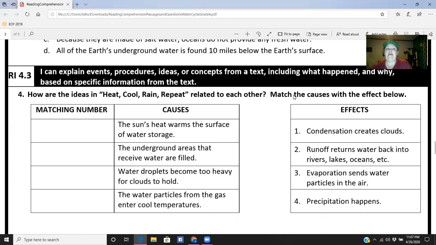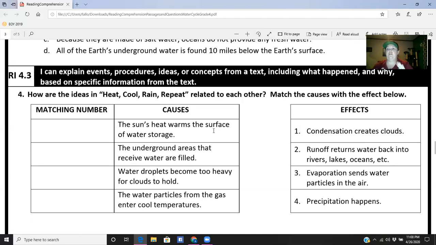Number 4 is matching. How are the ideas in Heat, Cool, Rain, Repeat related to each other? Match the cause with the effect. So the effects are going to be over here. And we're going to have 1, 2, 3, 4, and we're going to put the number 1, 2, 3, or 4 next to the effect that matches the cause, or next to the cause that matches the effect.